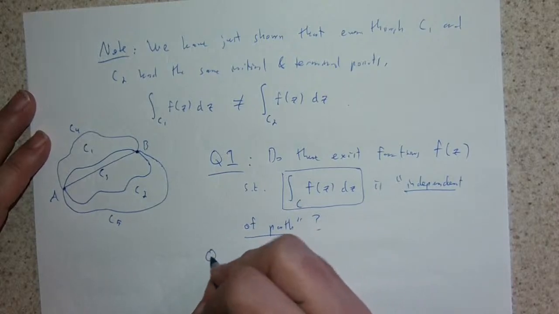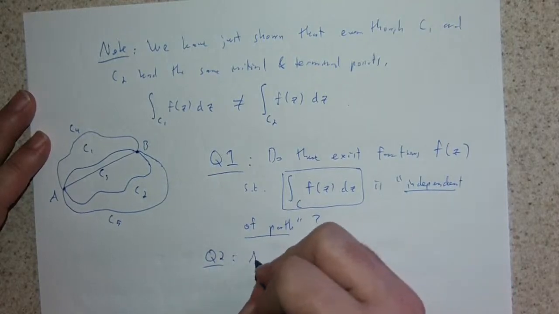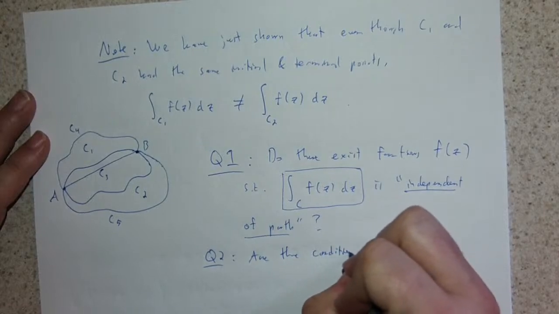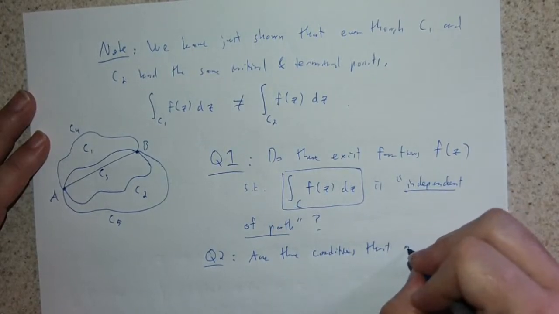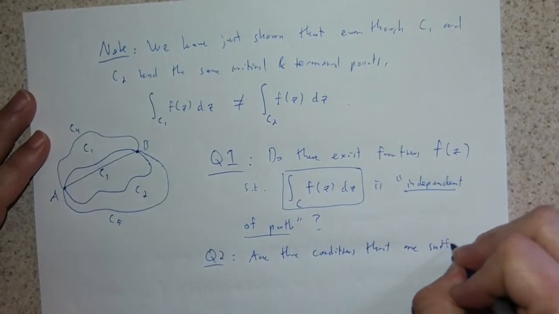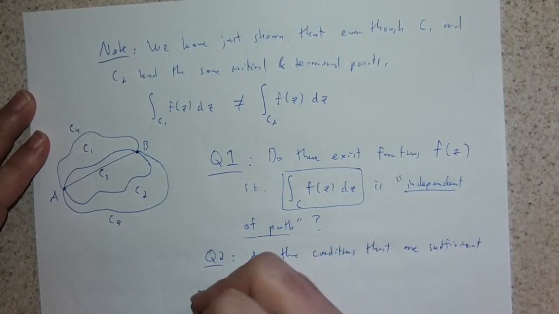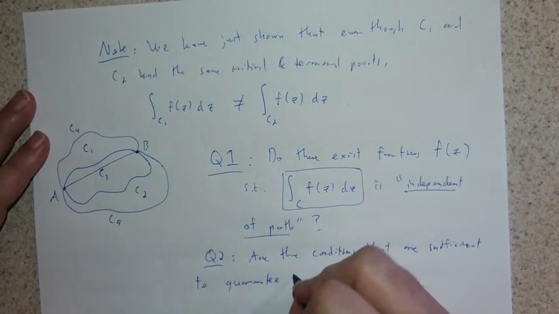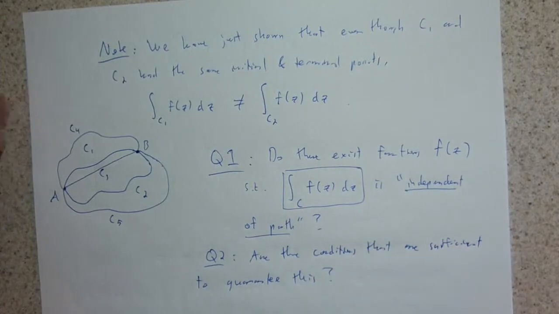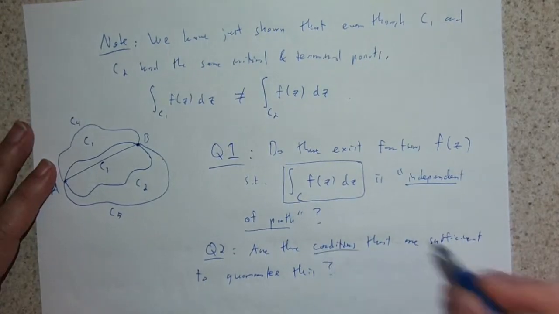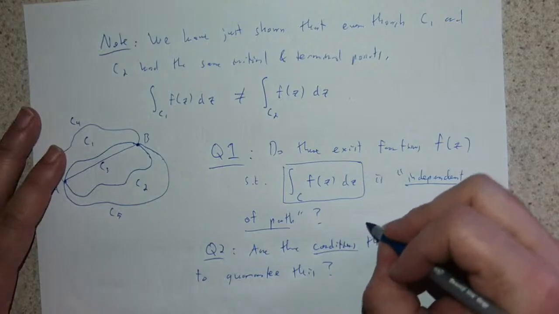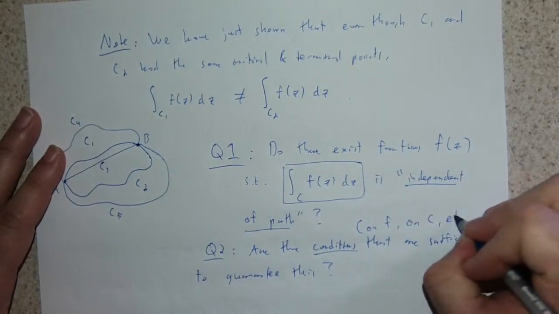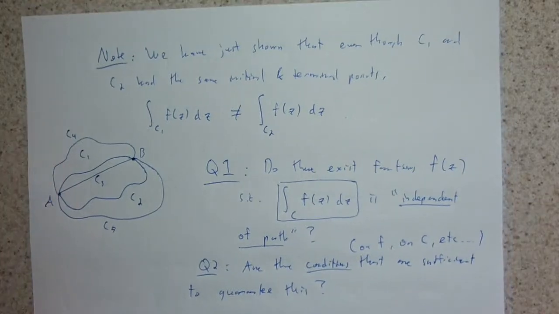So maybe a secondary question here is, are there conditions that are sufficient to guarantee this? And what conditions would these be? So conditions, say, on f, on C, etc.